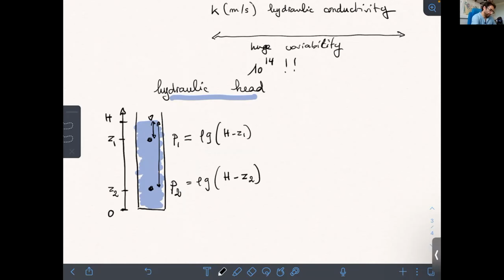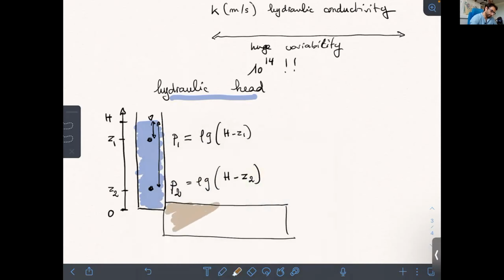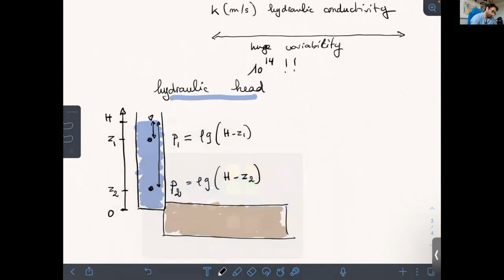But if I connect this column to a given porous media, let's say I connect it here, to a given porous media, the flow going through this is only dependent on the total water column here.